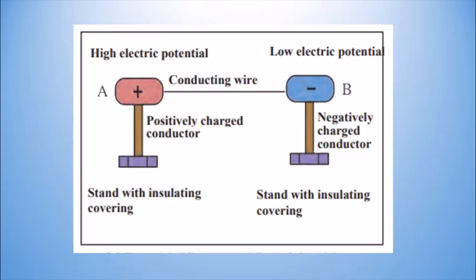So in this figure, the electrons will flow from point B to A, and it will keep on flowing continuously until both the conductors, A and B, have the same potential. The difference in potential between the positive and the negative terminal of a cell is called the potential difference of the cell.